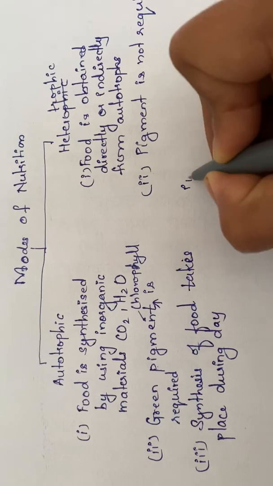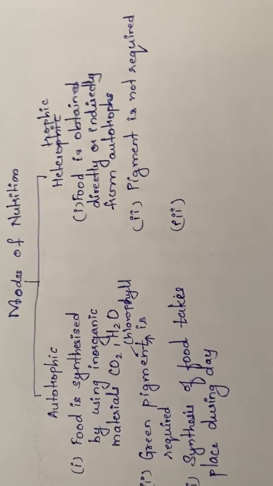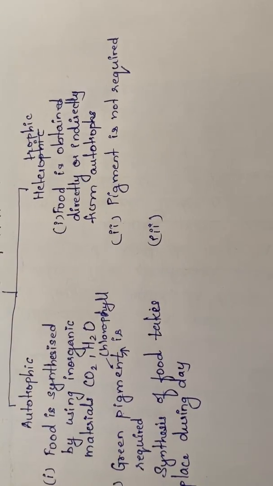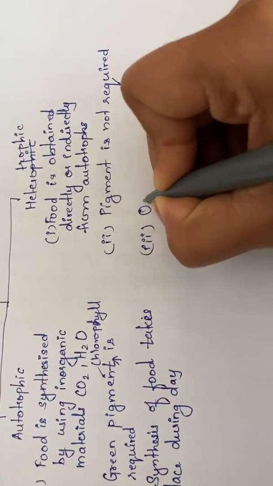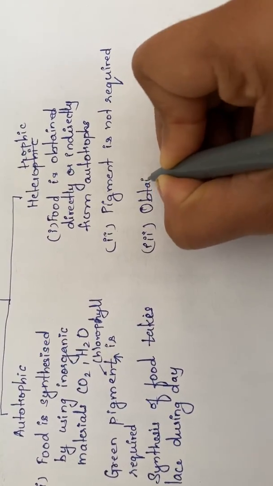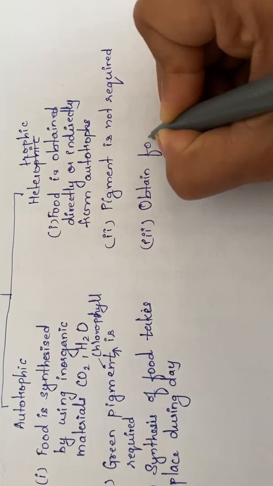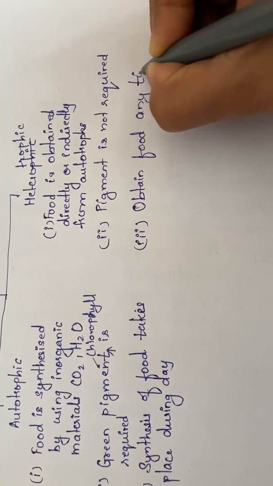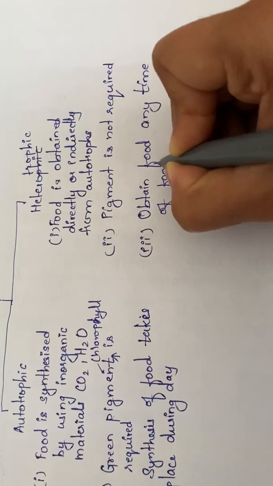Whereas heterotrophs, as they are directly or indirectly dependent on autotrophs, it is not necessary that they will obtain food only during the day. They can obtain food any time of day, which means they can obtain food at night as well.